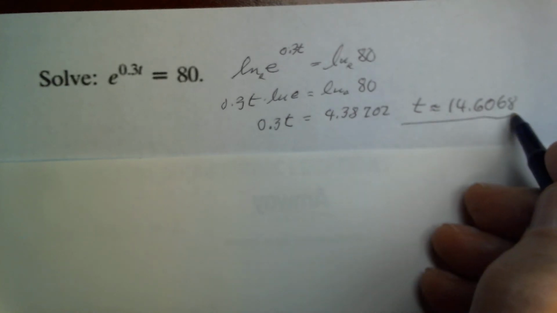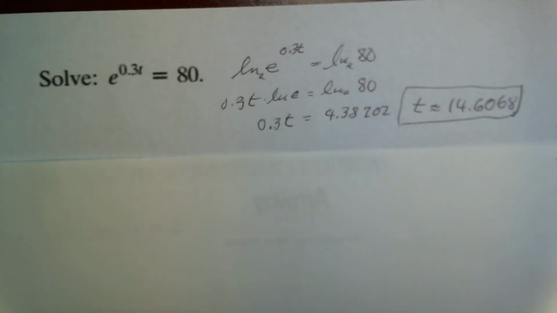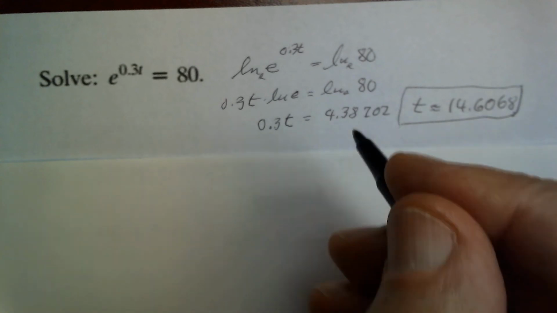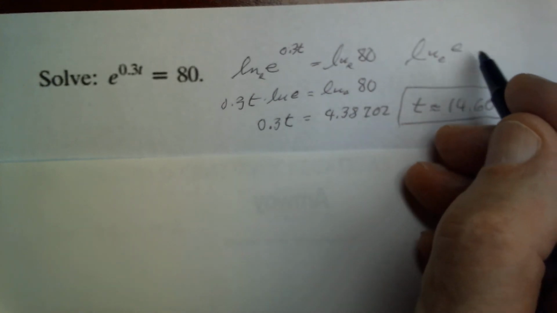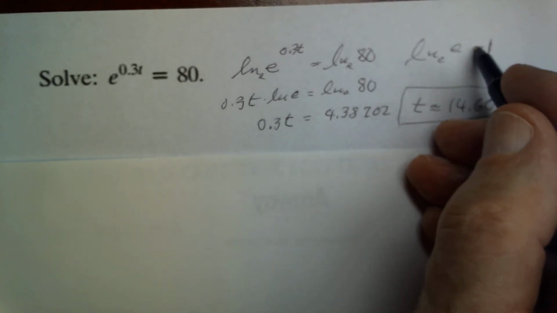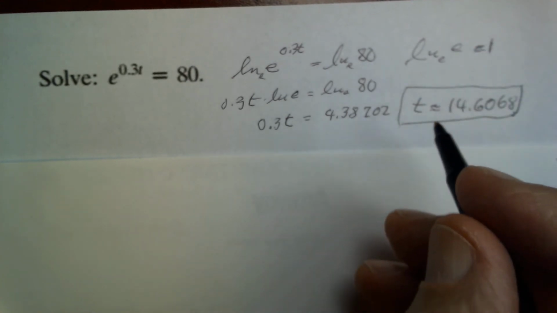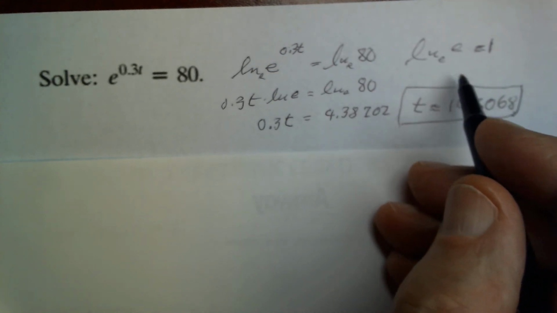Again, that's a rounded value for t. So here, note that the natural log base e of e equals 1, like the log of any base to its base is equal to 1.